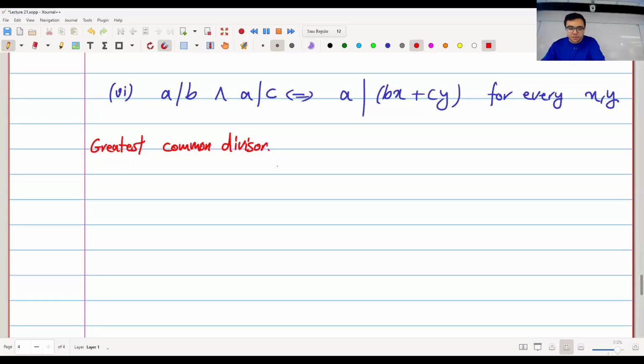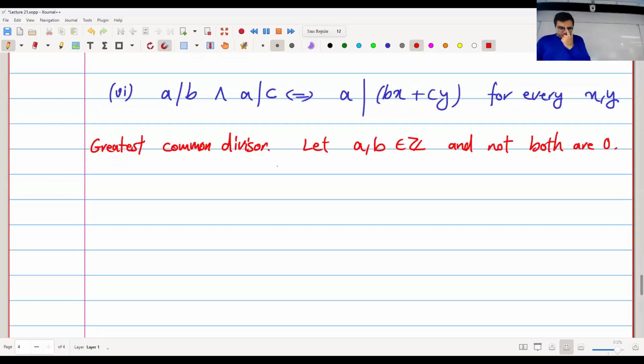I say, suppose A and B are integers, and not both of them are 0.